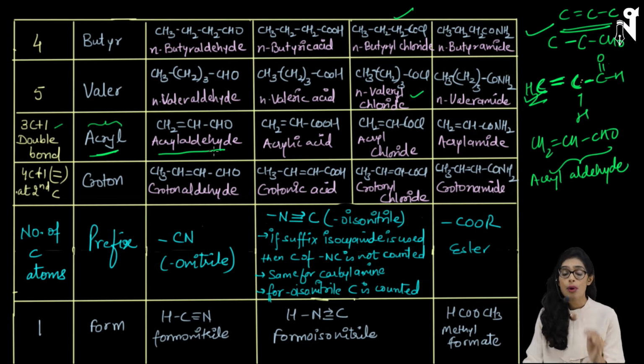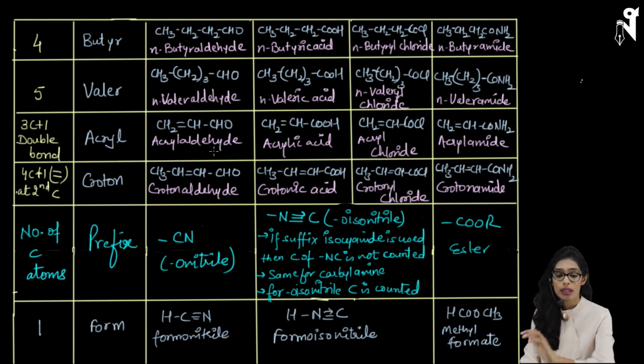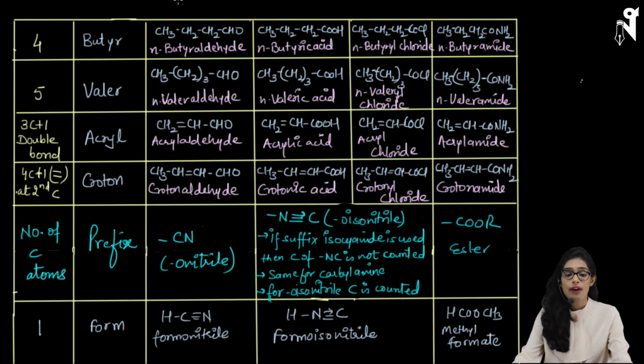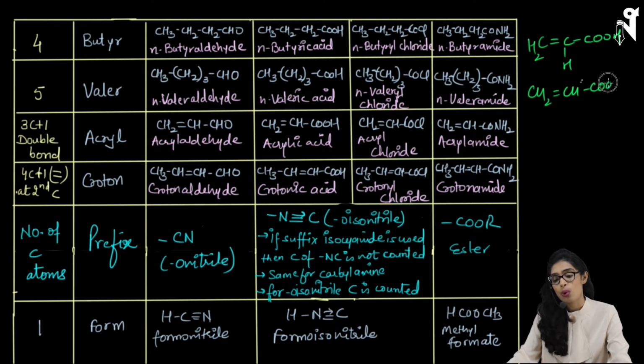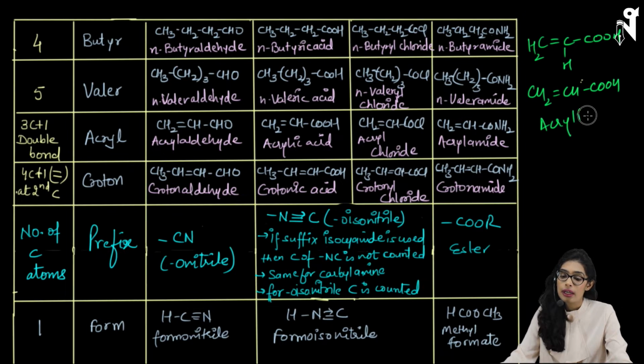Understand this. This is important. Similarly, if I have to form the carboxylic acid of such kind, I will put C double bond C single bond COOH, and fulfill the valencies. So it will be CH2 double bond CH single bond COOH, and now this will be acrylic acid.